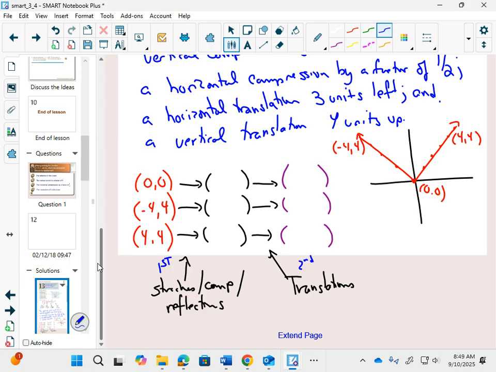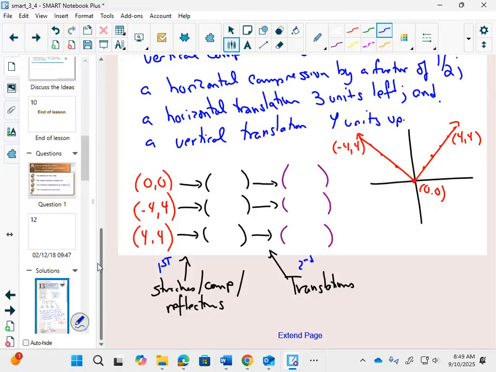A favorite exam question is, what did Timothy do wrong? This is what he did, and he always does the translations first. And then he did the stretch second. It's not always Timothy, the exam just picks random names. It would be really interesting if historically the exam always used the same name for making a mistake for years and years.